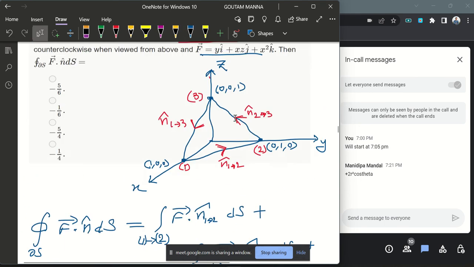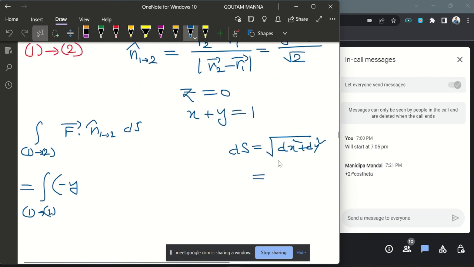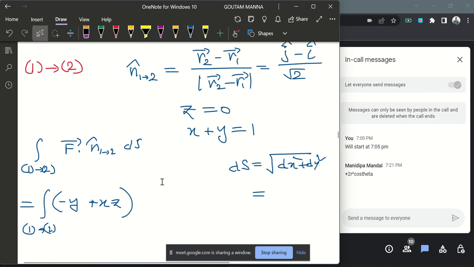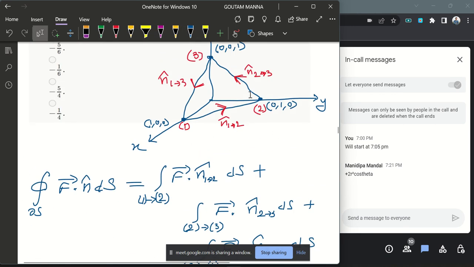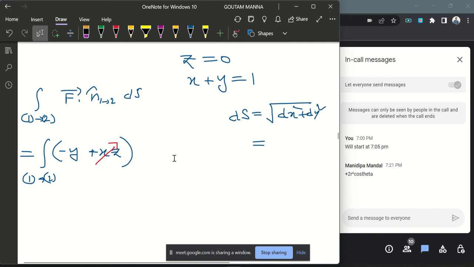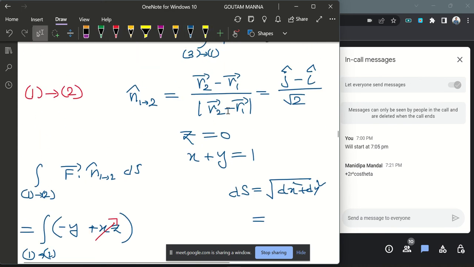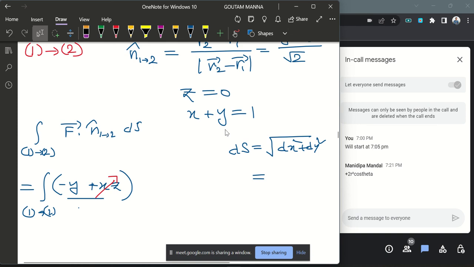And for the j component, there is xz j hat in the f, and here is plus j hat, so it will be plus xz, and there is no k component. But notice that in this path from 1 to 2, z is 0. So this term will also vanish, because along this path z is 0. This is divided by root 2. This is the f dot n vector.